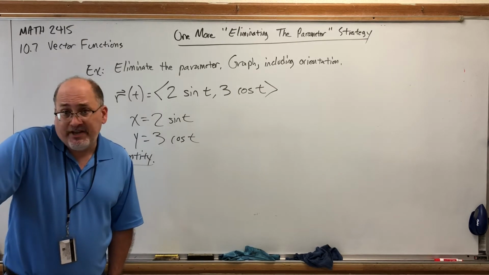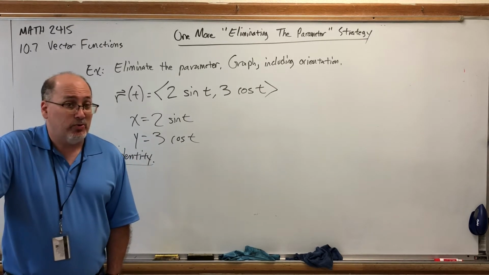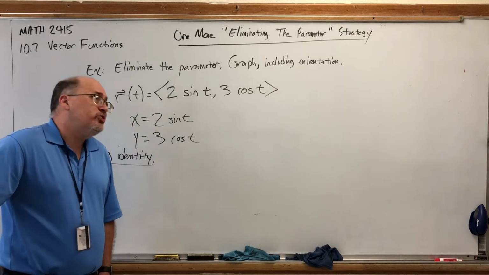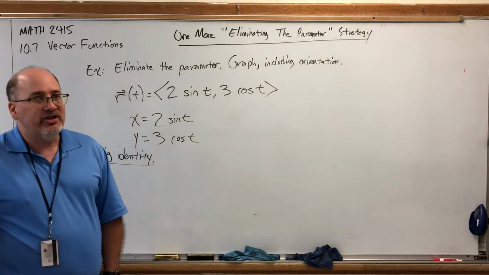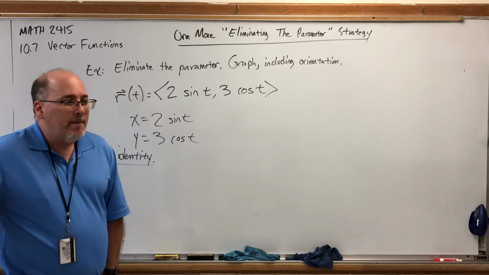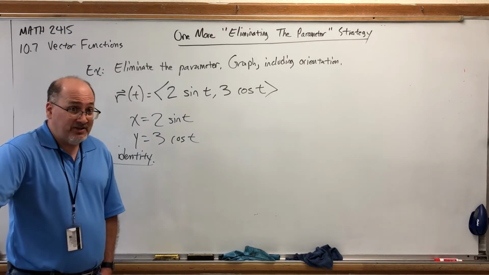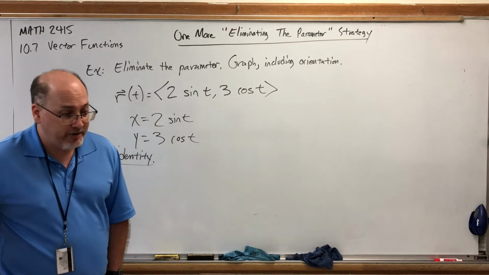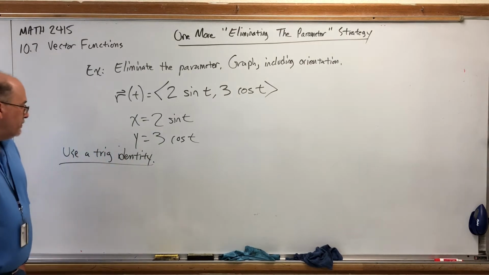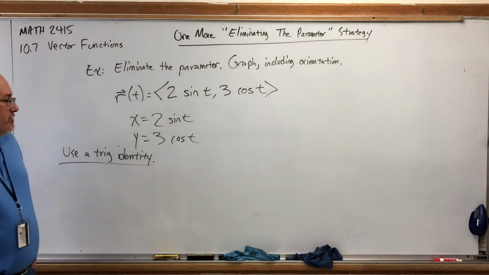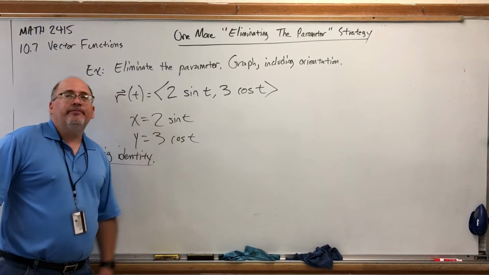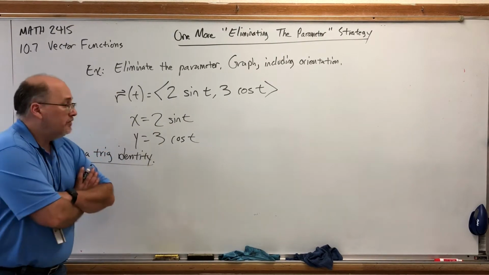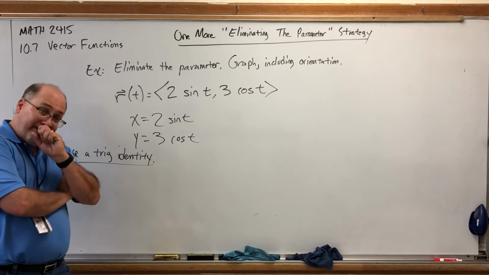Your reciprocal identities, such as secant equals 1 over cosine. Your quotient identities, such as tangent equals sine over cosine. And your Pythagorean identities, such as 1 plus tangent squared equals secant squared. So, do you know a trig identity that connects sine and cosine? You should, because it's a Pythagorean identity.